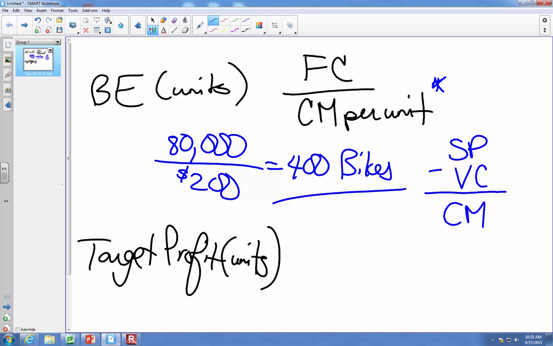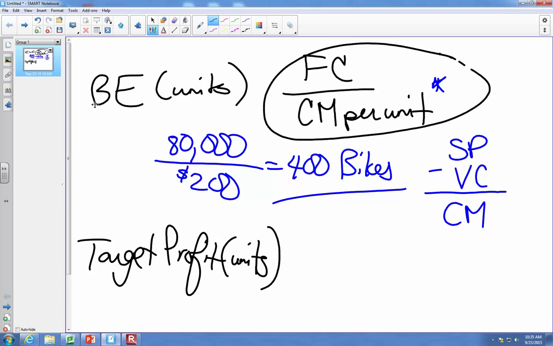Okay, go ahead. I want you to write a new calculation. It's going to look very similar to this. Just have a little think about it. You don't want just the number of bikes to cover your fixed cost, do you? You also want to cover what? Your target profit.